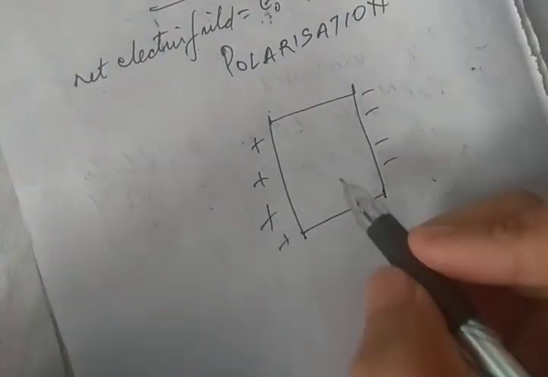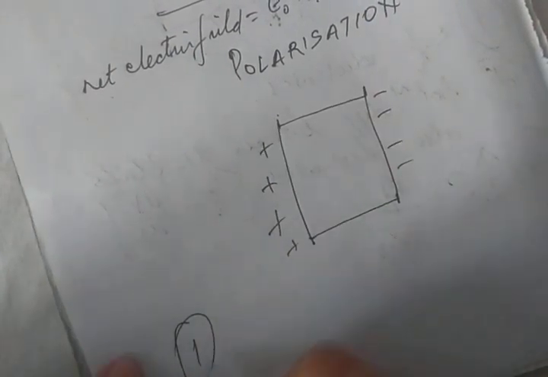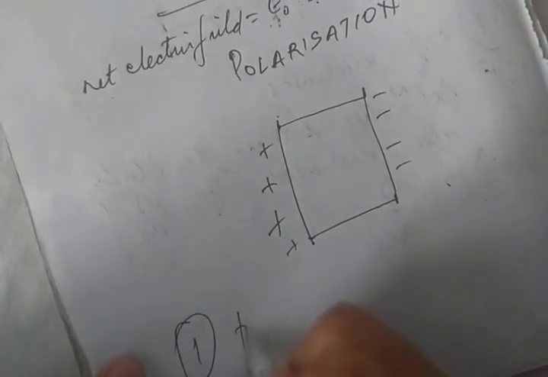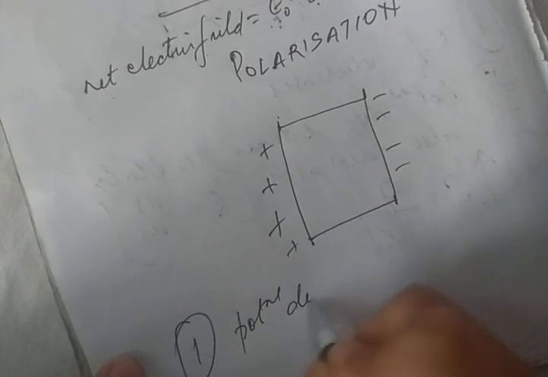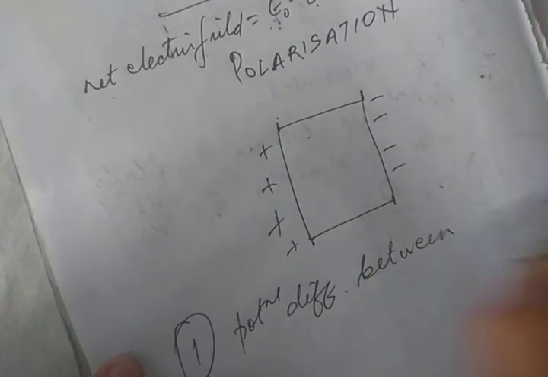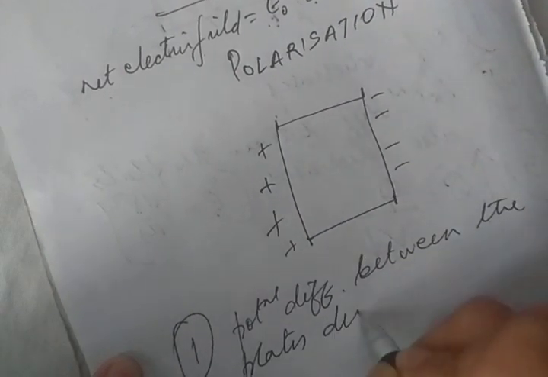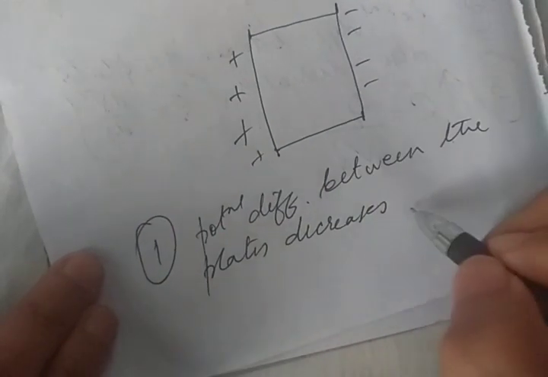When the electric field decreases, the very first thing that happens is the potential difference between the plates decreases. Why?